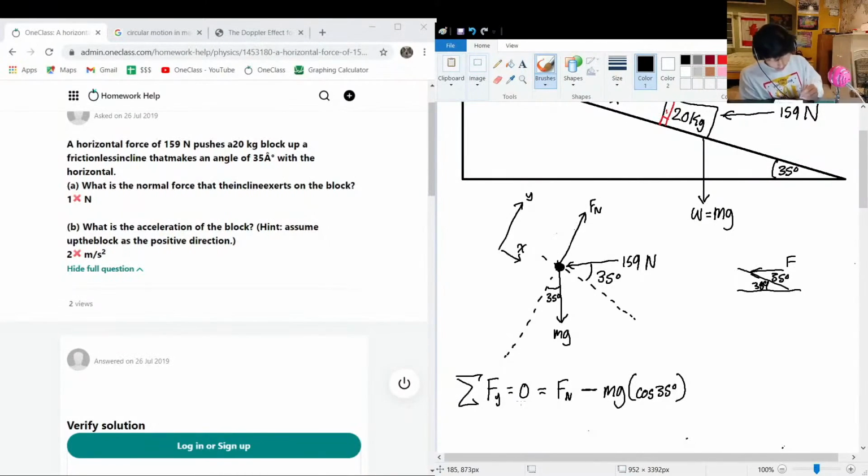The reason why is because we want this component right here. So this is mgy and mgx. Okay, that's a little messy. I'll redraw that.